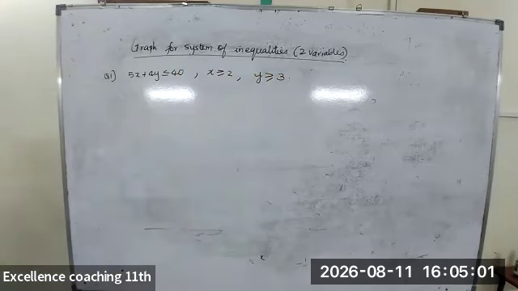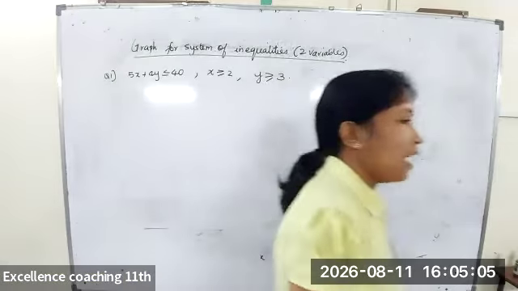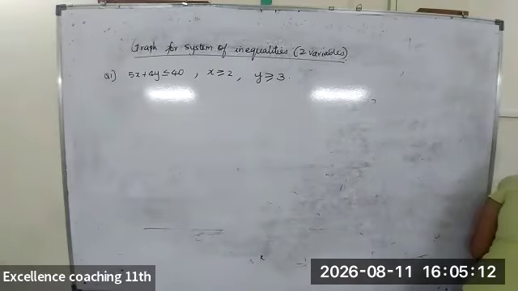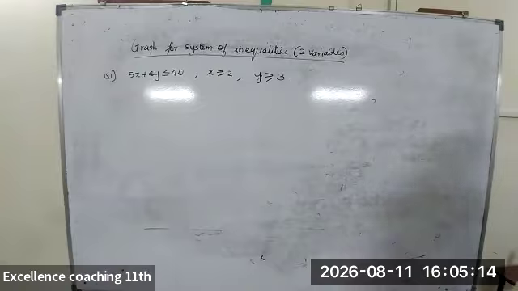Now there are 3 equations of the lines which are given to you. We have to plot these 3 lines and then draw the graph. So write these 3 equations.